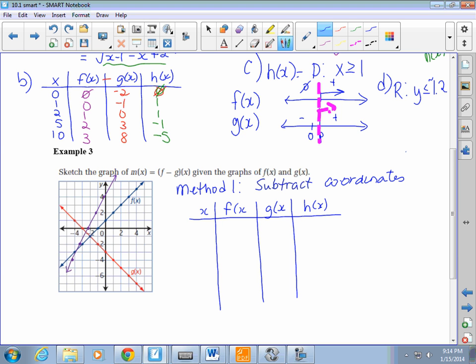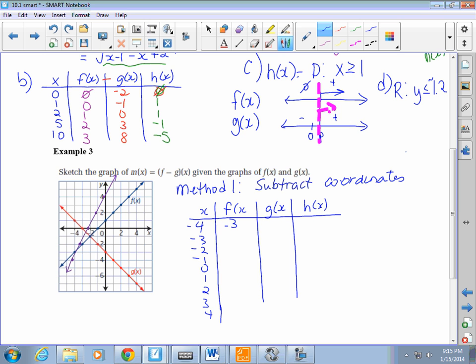So we'll see if this works out. So for my x, if I were to pick these values that they have the dots on, so they have the dots on -4, -3, -2, -1, 0, and then 1, 2, 3, 4. So on my f of x graph, that's kind of the dark blue one, when it was at -4, my y was at -3.